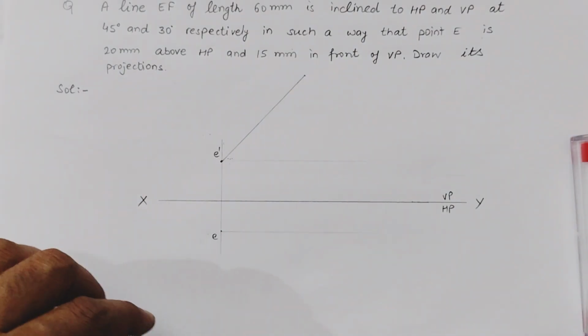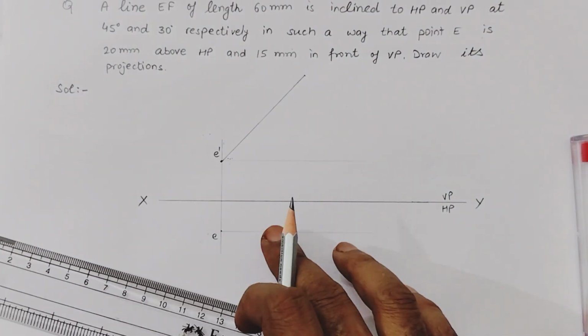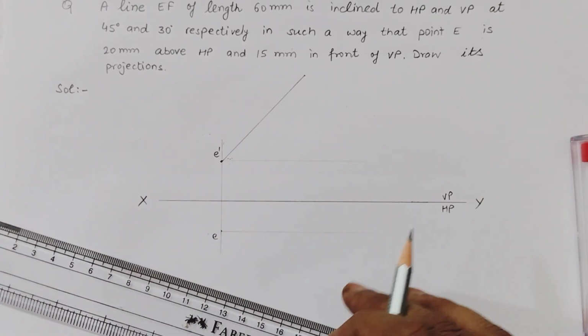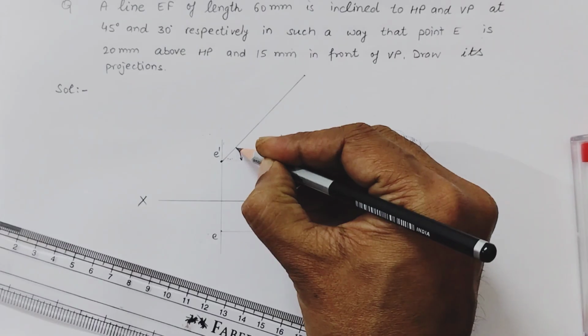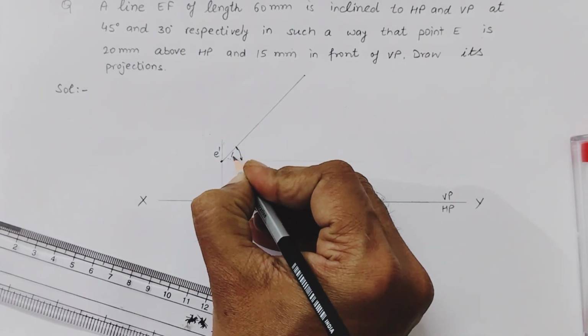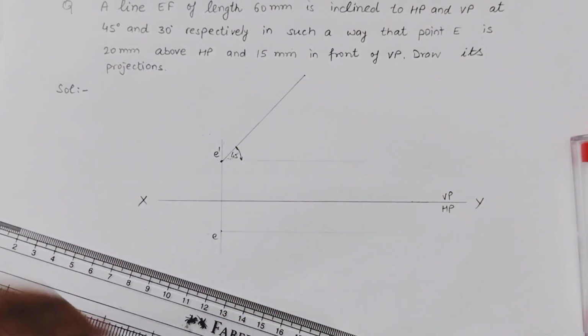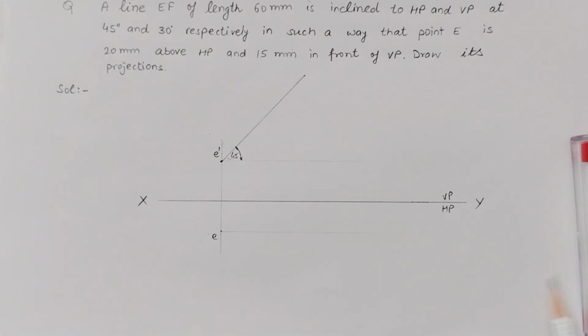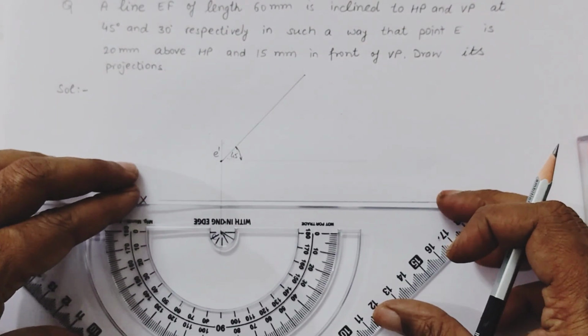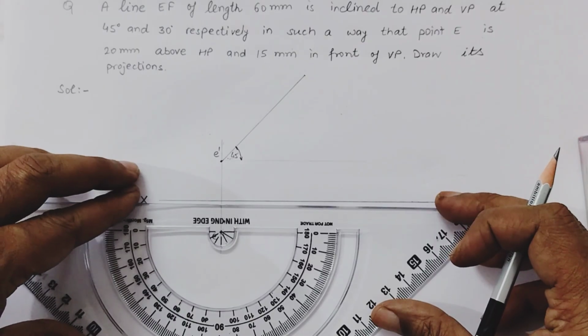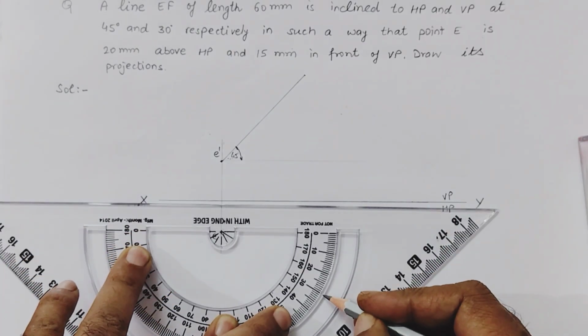Similarly on other side angle is given as 30 degree. Here is 45, other angle is 30 degree. So we'll use protractor, 30 here.